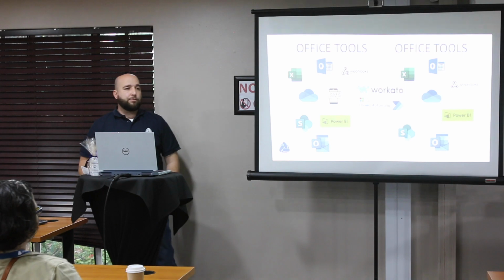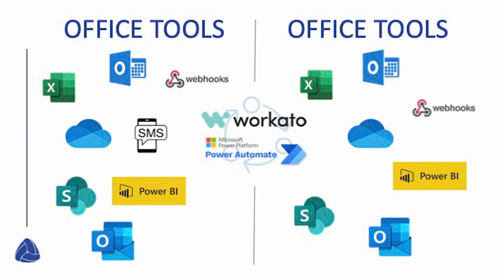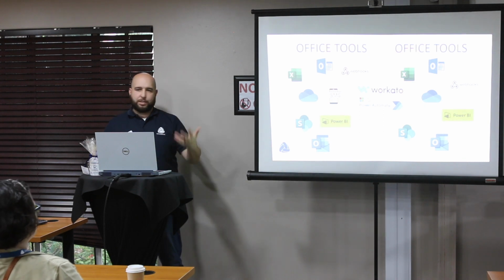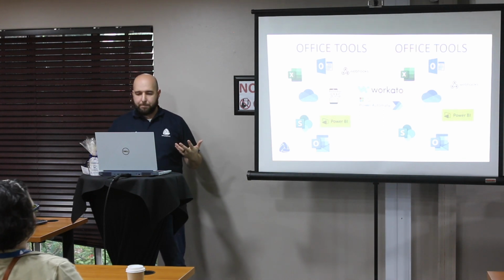So what does it look like? You have office to office. That's where Power Automate, Workato and Zapier kind of sit in. It'll allow you to transfer data from one platform to another platform based on your rules, based on your recipe or your Zap or whatever the platform terms it. And that could, in my mind, change a lot. The circle in the middle shows it's not just a one-way street, it can go the opposite direction.